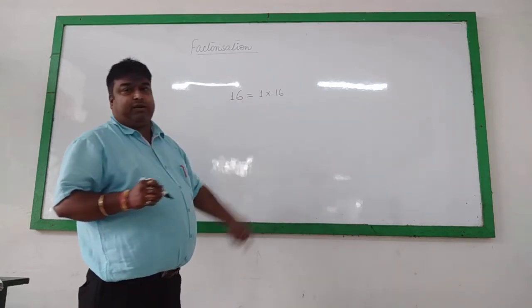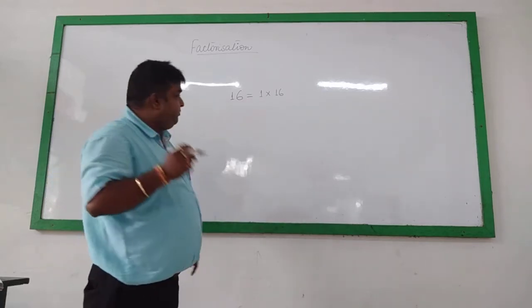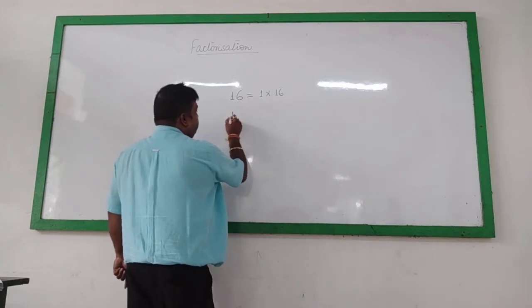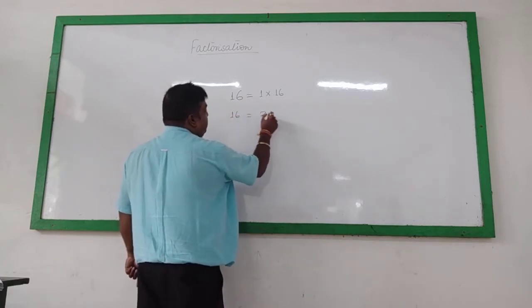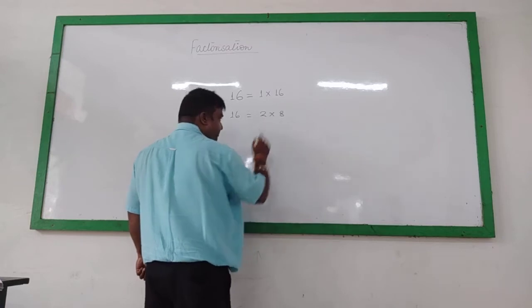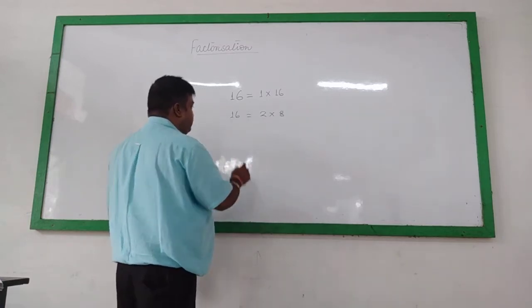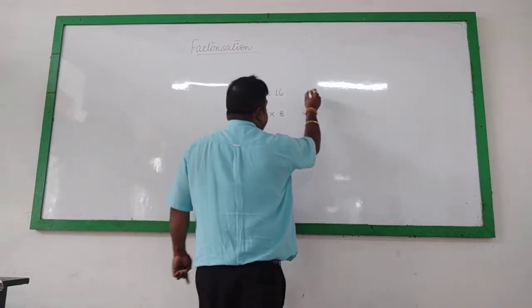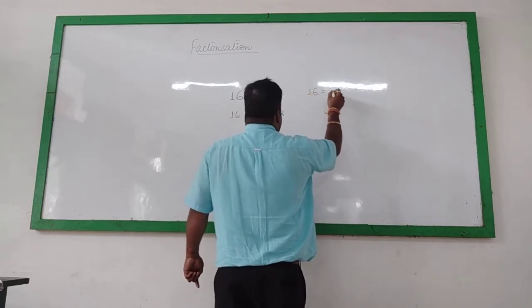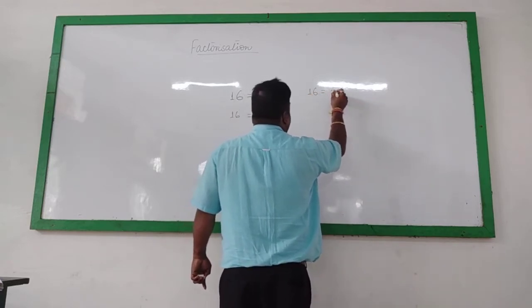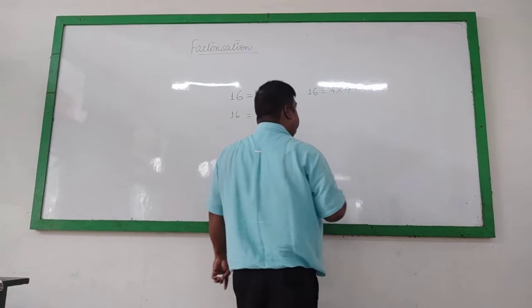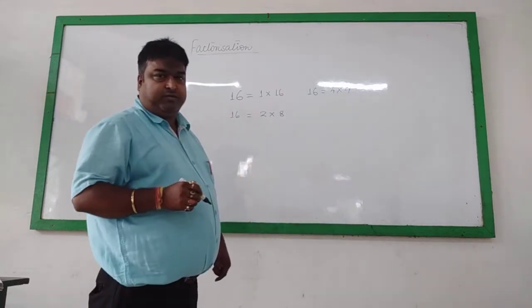Now, how many factorization forms can we write? 16 can be written as 2 into 8. Then 16 can also be written as 4 into 4. This is also a factorization form.